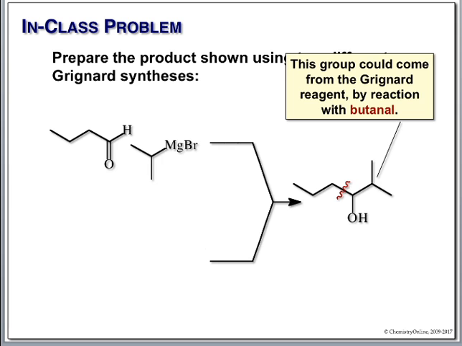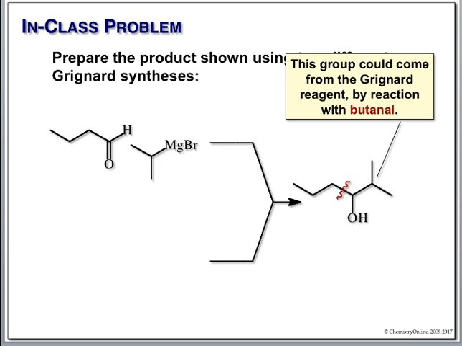Now, if we cleave on the other side, then our carbonyl compound has 1, 2, 3 parent chain. So that's a prop. It's a 2-methyl propanal. That's part of that.